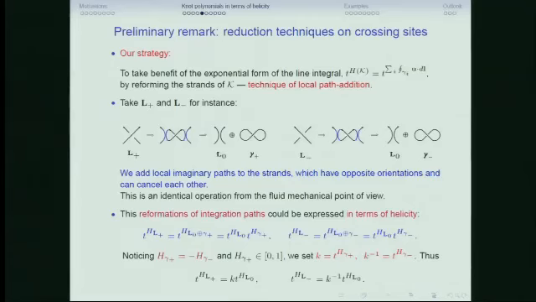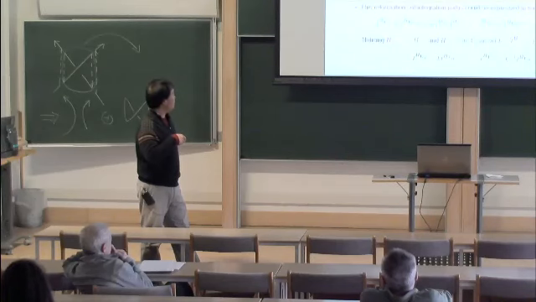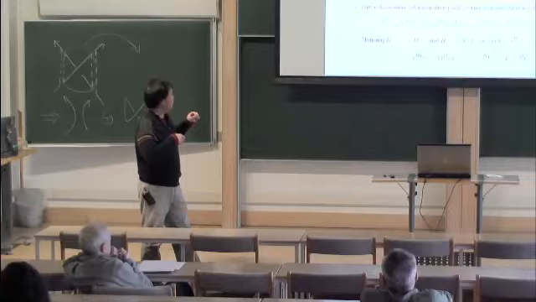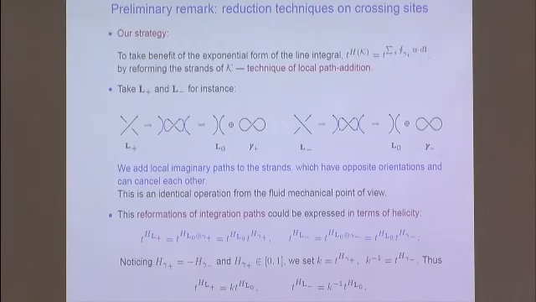What does this mean? Keep in mind that we are dealing with line integrals. So this path modification leads to a split, a reformation of the links there, and this is an exponential form, so we can have a product of factors.